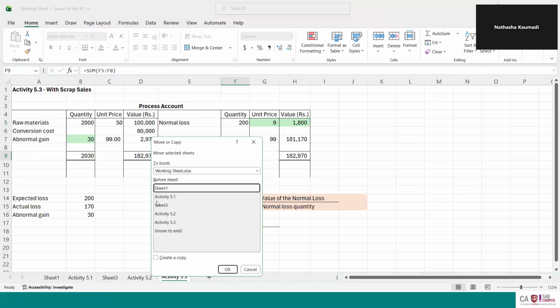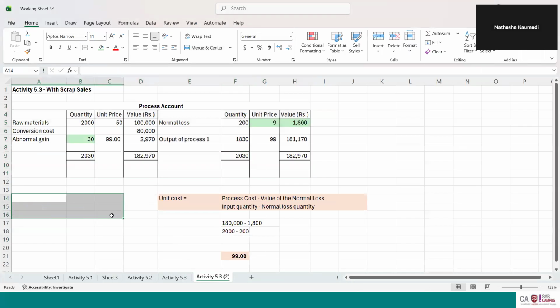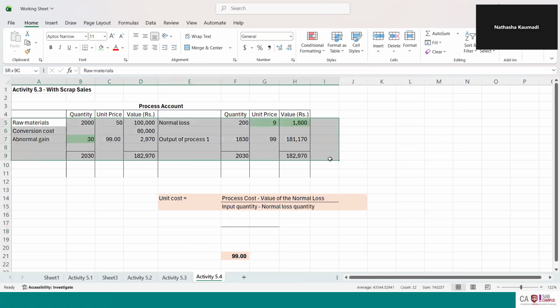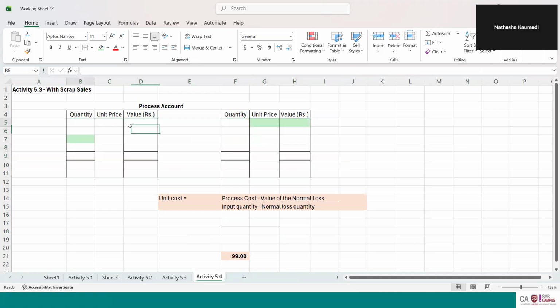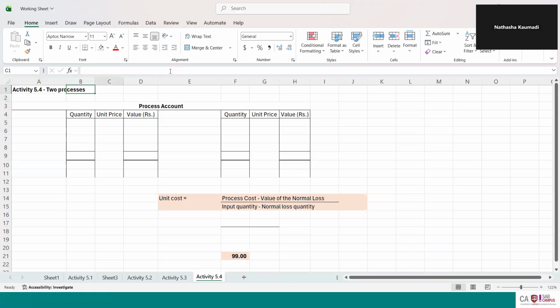I will take the same account. This is activity 5.4. The specialty of 5.4 is two processes. You have two processes. You need to know how to deal with two processes, right?